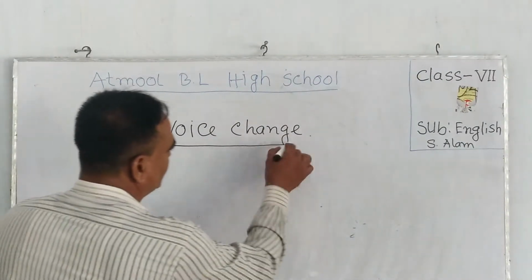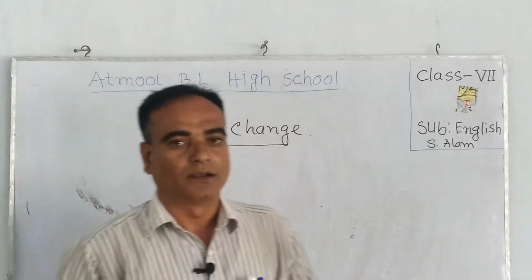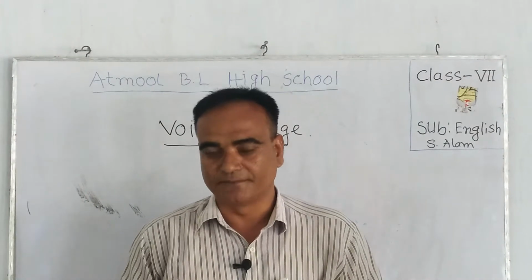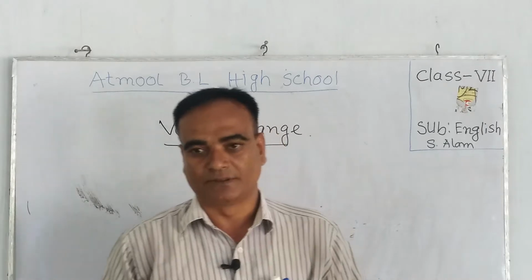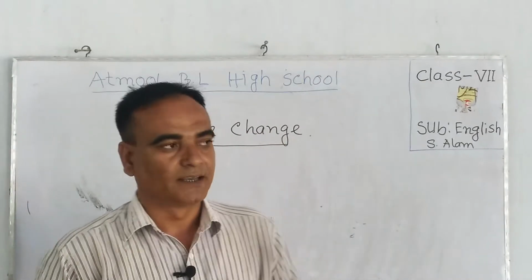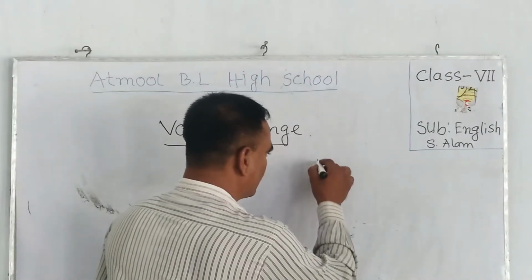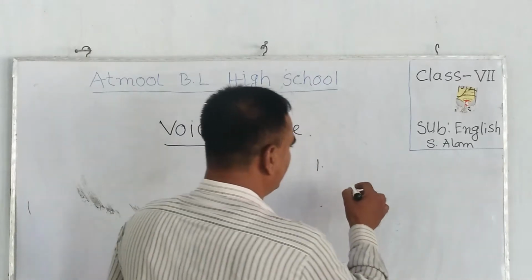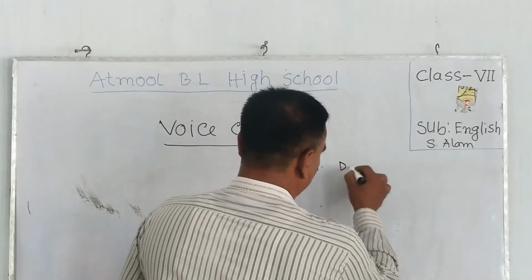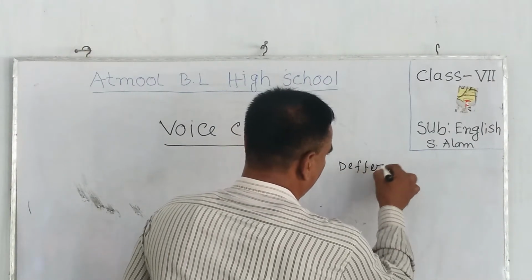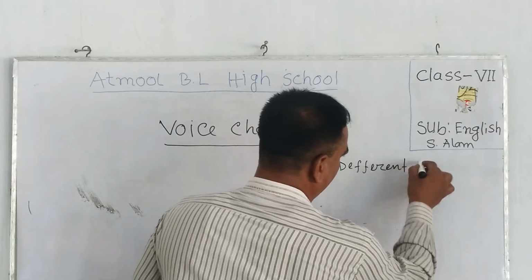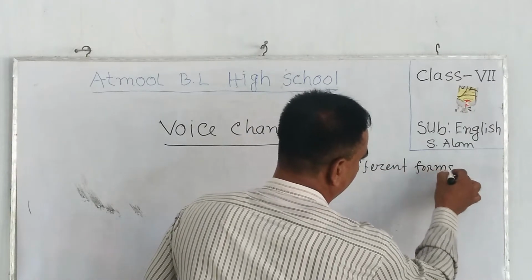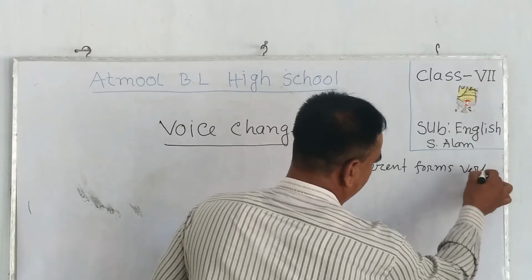So when we go to change a sentence from active to passive, we have some requirements. We have to know some things. And the things are, first one, we have to know different forms of verb.